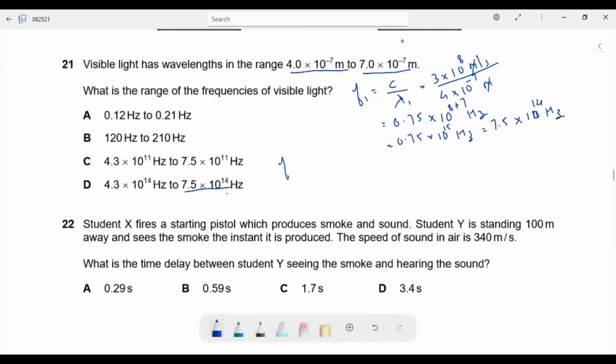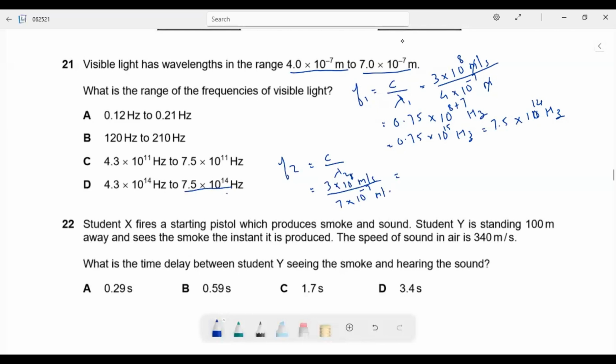You will find F2 also. So F2 is equal to C by lambda 2. That is equal to C, which is 3 into 10 raised to 8 meter per second, by lambda 2, which is 7 into 10 raised to minus 7 meter.